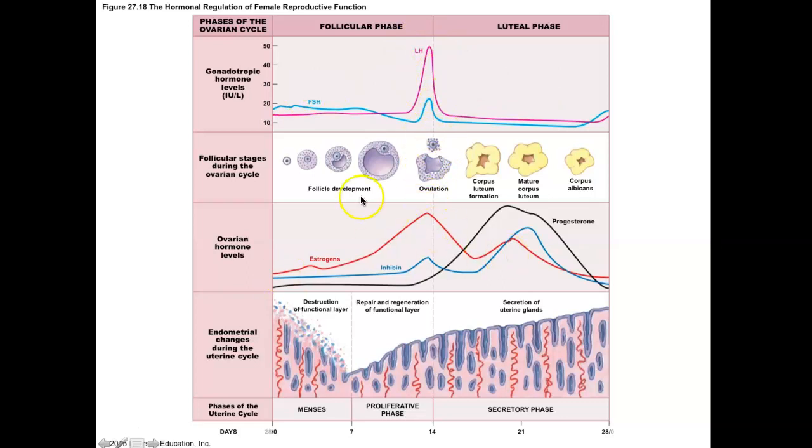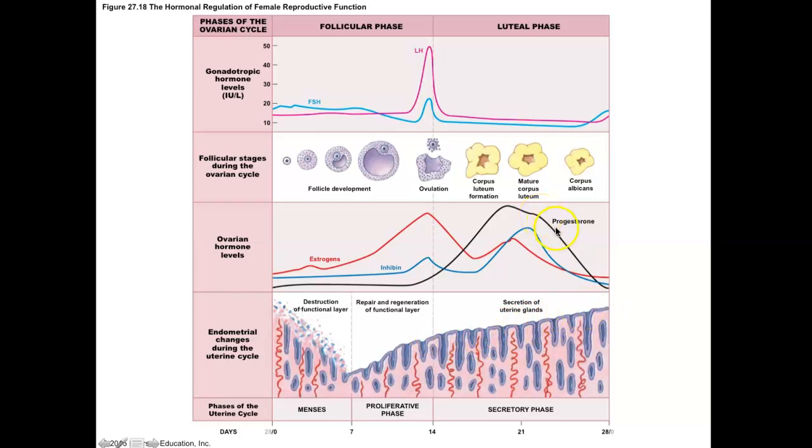Also know that follicular development happens in the follicular phase. The luteal phase is where you have the corpus luteum and corpus albicans. In the ovary, the hormones, I told you not to worry about estrogens and inhibin, but just look at progesterone, and this should match up with the formation of the corpus luteum. Progesterone has a role directly on the uterine lining, where when it's low, you're not really building up the uterine lining that much, but when it kicks up, you're really enlarging that uterine lining to prepare for receiving the fertilized egg.